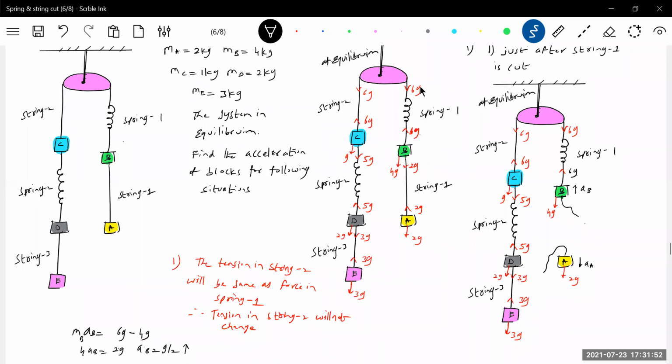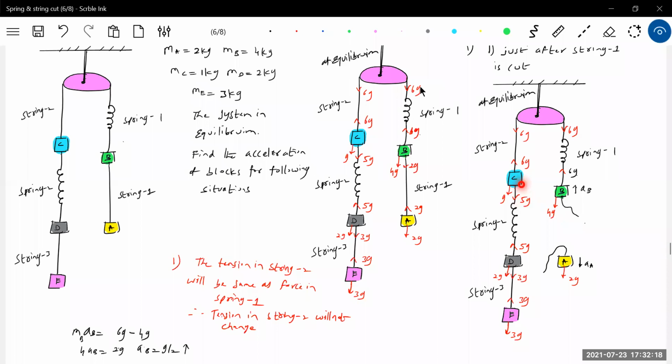What about C? Acceleration of block C. Block B is having acceleration, after some time it starts moving. But we are talking about just after it is cut. So what happens to C? The tension will not change. The weight of the block C will be same as usual, 10 Newton will act. This spring force will not change.